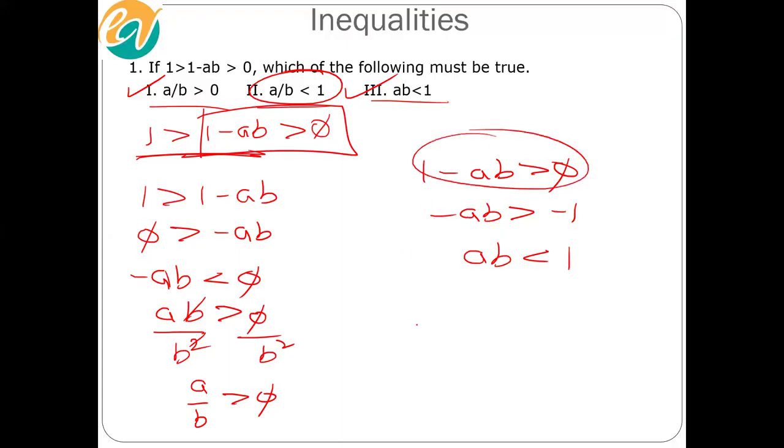So you want this to be divided by b square. Yeah, but that would not give us anything actually, Sakshi, unfortunately. AB by b square is lesser than 1 by b square. This is fine. So notice we cancel this. So it just says a by b is lesser than 1 by b square, but that doesn't lead us anywhere.